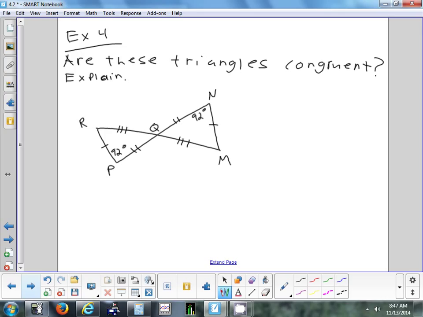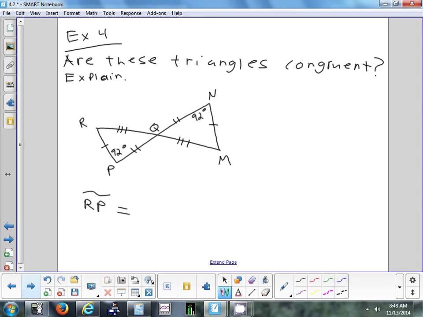Okay, let's look at side RP. That corresponds to which side? Be careful how you name it. You don't have to be as careful here as normal, but I would, because it'll help us later on. So I said R, then the P. Yep, MN.